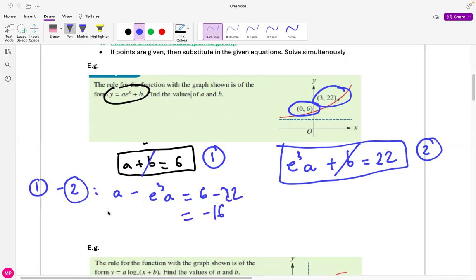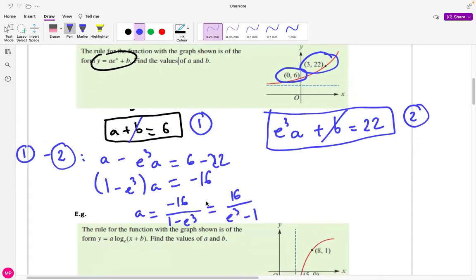Now, you're going to factorize the A, so you will have A(1 minus e^3) equal negative 16. You will have A equal negative 16 divided by 1 minus e^3. To make this nicer, you can turn the 16 into positive and change these around: 1 minus e^3 becomes e^3 minus 1.